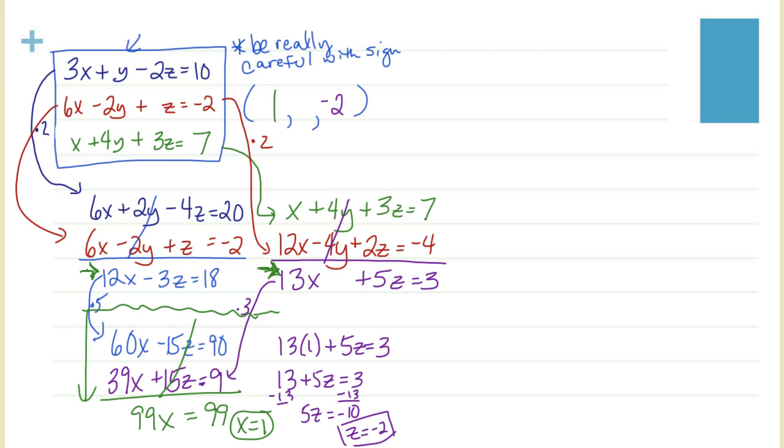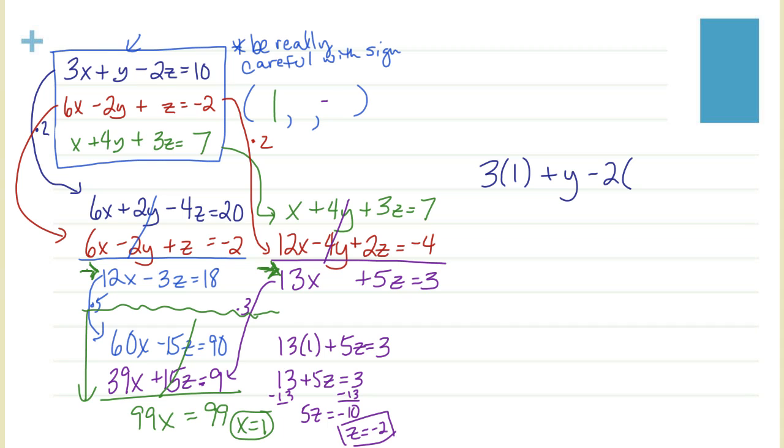Z is -2. Now that I've got that, I'm going to go back to any of my original equations, any of the three. I'll go back to the dark blue one just because it's on top, and I'm going to plug those two values into that top one. So now I have 3 times 1 plus y minus 2 times z.